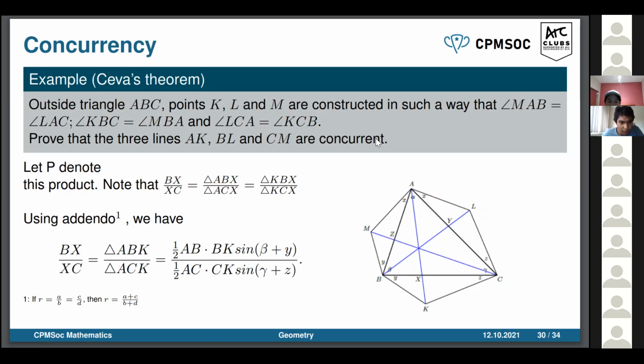Now we have something called addendo, which is down here in this side note. It's quite a simple statement: if the number R is equal to A over B, and it's also equal to C over D, then R is also equal to A plus C divided by B plus D. It's quite intuitive even though it may not look it, and you can try putting actual numbers into A, B, C, and D to make more sense.